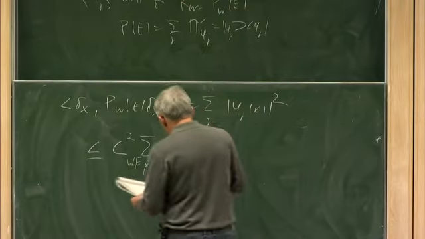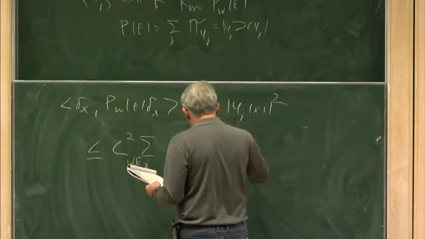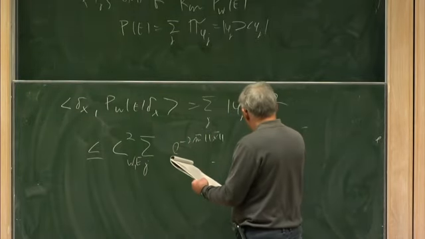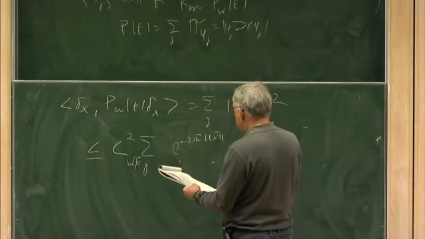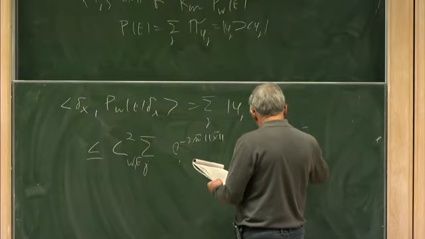Let's write what we have. We have e to the minus 2m tilde of x, then I have simply T inverse of phi_j squared.